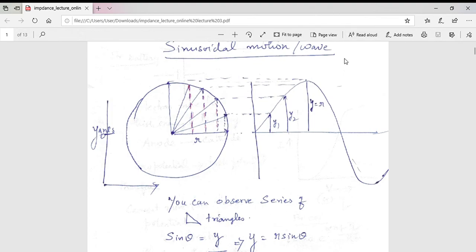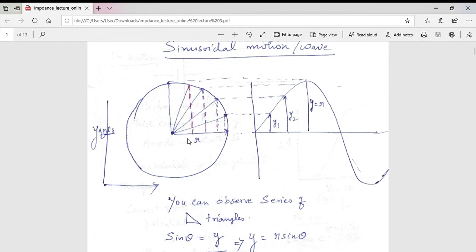Let's look at what a sinusoidal motion is first. Let's take a circle, with an arm whose length is equal to the radius. That arm is now rotating. Every time it sweeps an angle, it forms a right angle triangle if we drop a perpendicular from the point where it is on the curve to the x-axis.